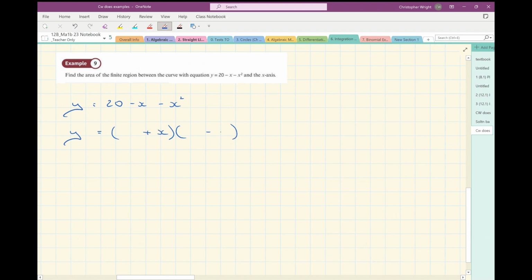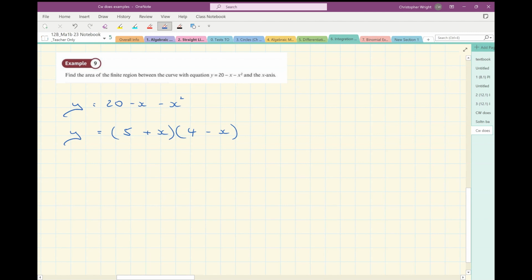I'm looking to multiply to 20, but I need minus 1x there. So I'm going to have 4 minus x and 5 plus x. And at the end of the day, that would give me minus an x. Yes, it would. Good. So I can see that the roots of this equation are minus 5 and 4.